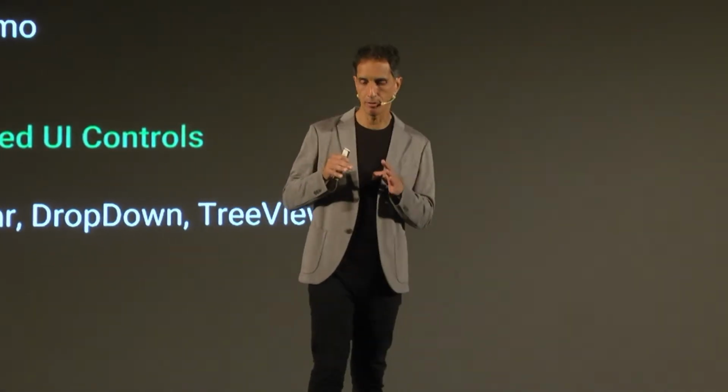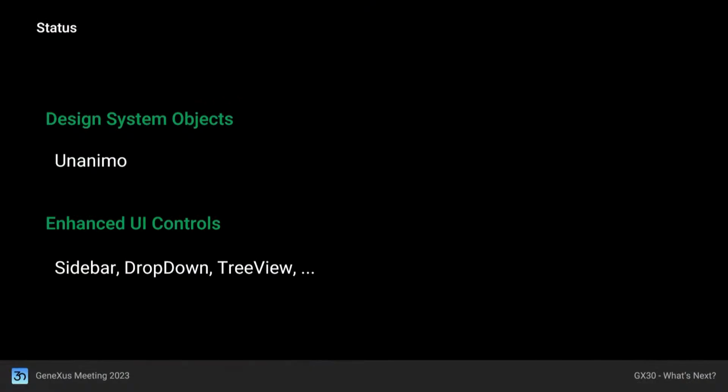So where is the web generator right now? Well, we continued adding all the characteristics that are adequate to develop this type of operation and all the things that we add in GeneXus.